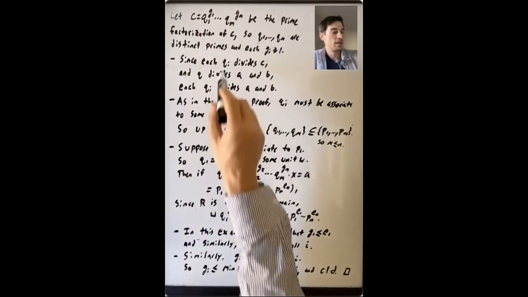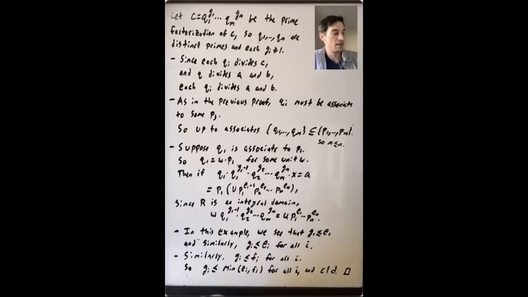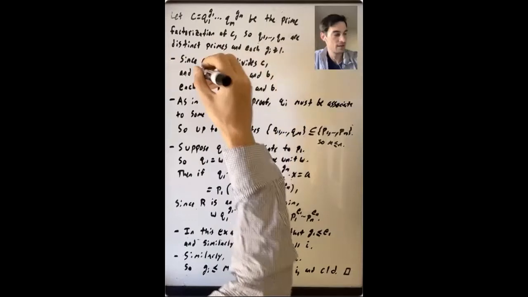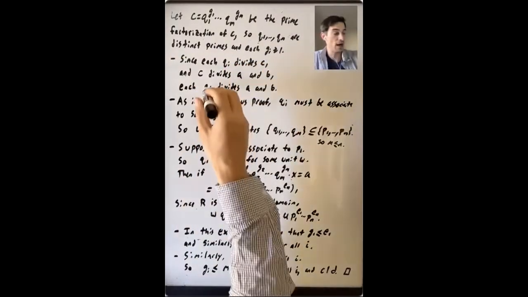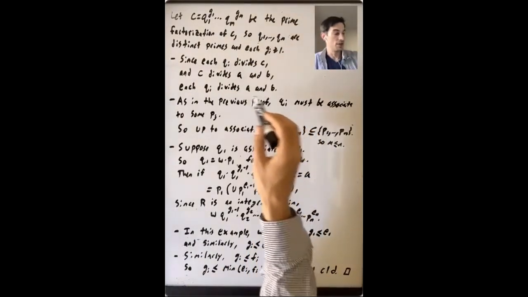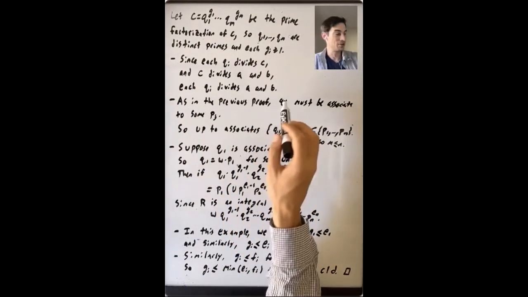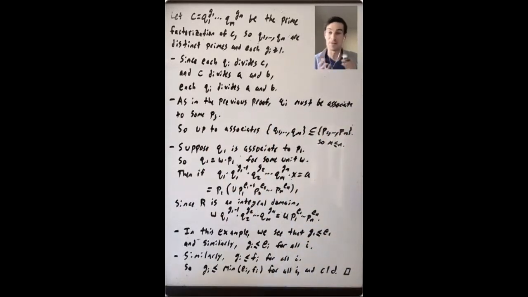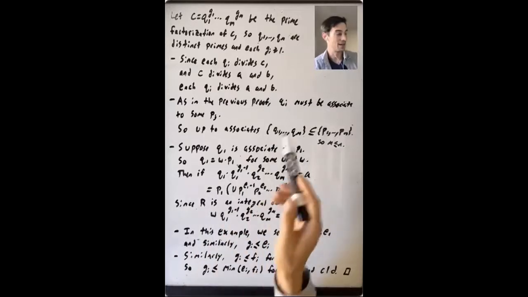All right, so since Qi divides C, and C divides A and B, each Qi divides A and B. So as in the previous proof, when we were showing that in a UFD, irreducible implies prime, when you write out this prime factorization, Qi must be associate to some Pj, that set of distinct irreducibles that occurs in the prime factorization of A. OK, so the same thing.